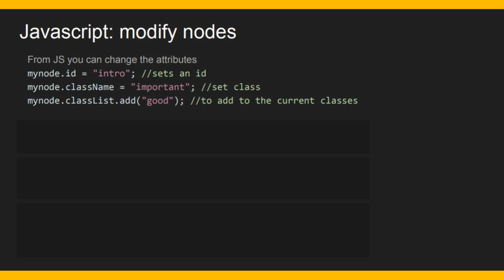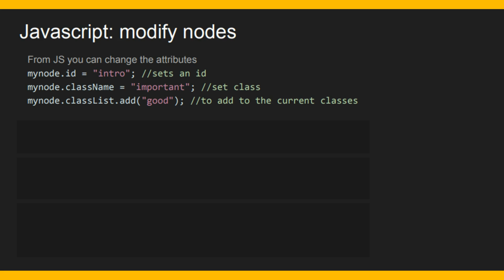From JS you can change the attributes, like myNode.id = "intro". This myNode is just an identifier. Imagine we have declared a variable myNode = document.querySelector of some element. Put that in mind.